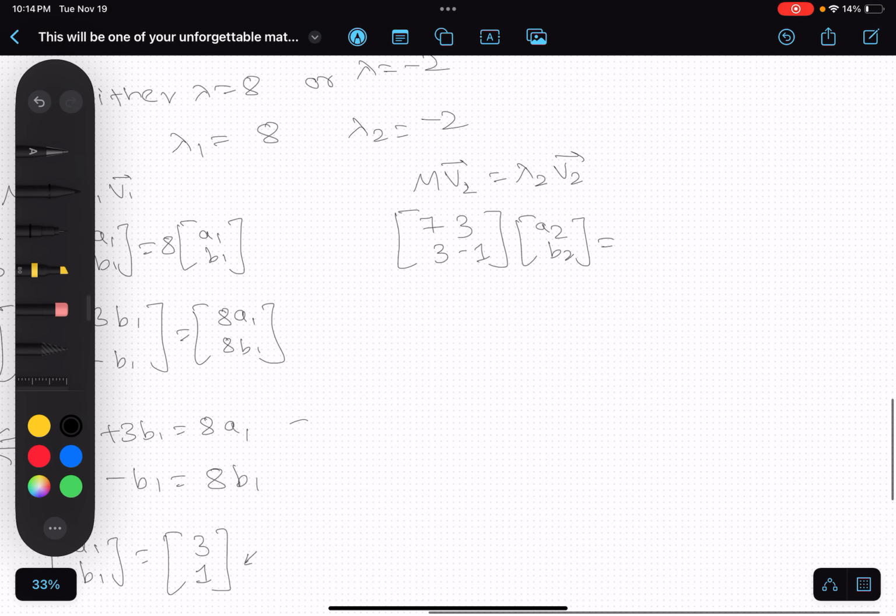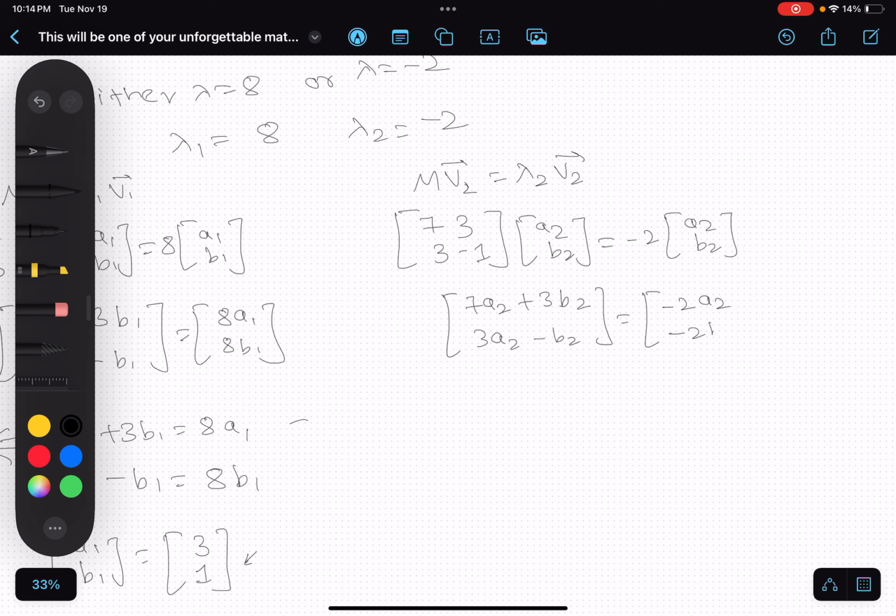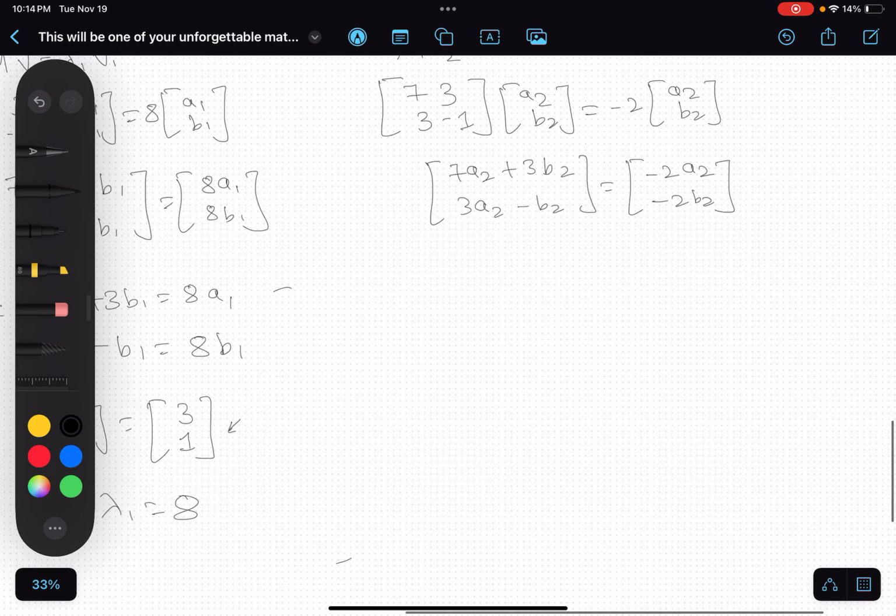Okay, now we know that lambda 2 is negative 2, a2 b2, right? And this is now 7a2 plus 3b2, 3a2 minus b2 is equal to negative 2a2, negative 2b2, right?